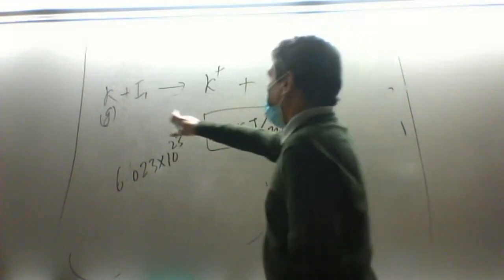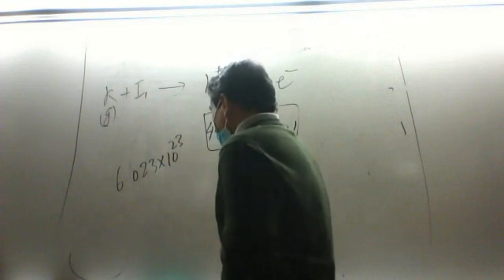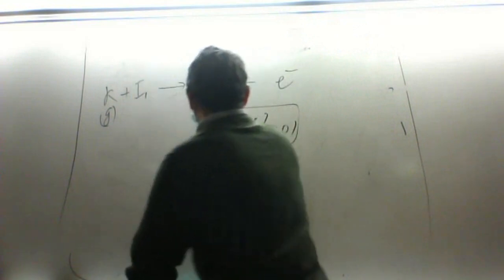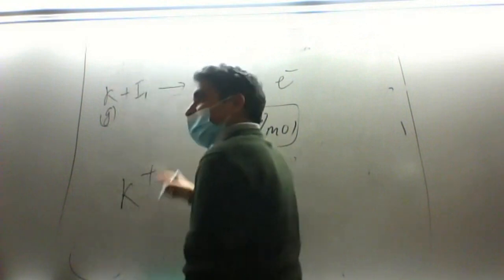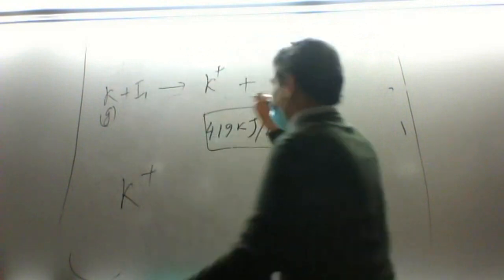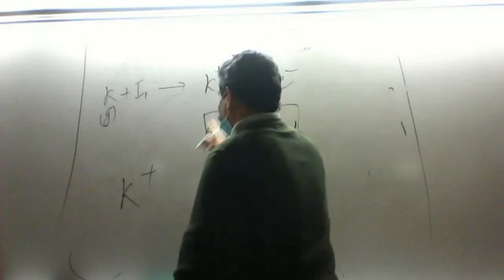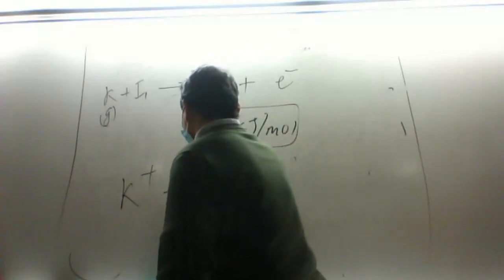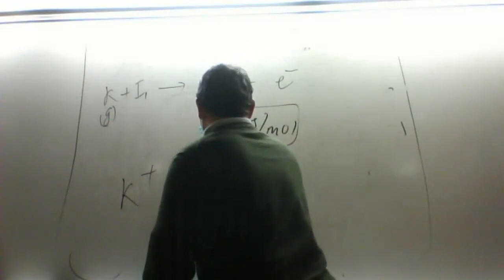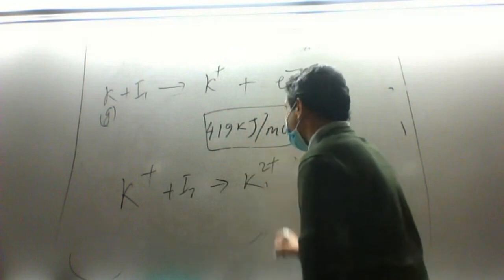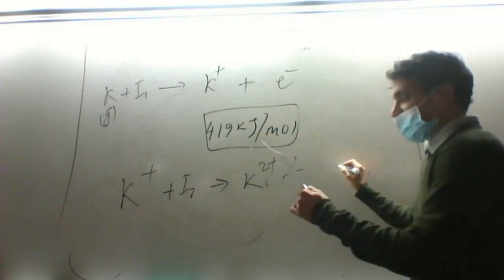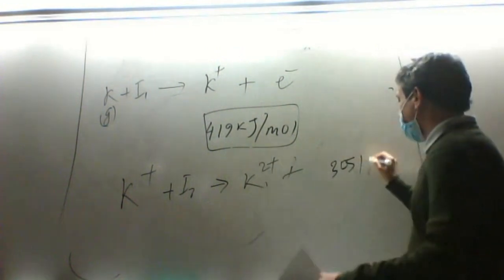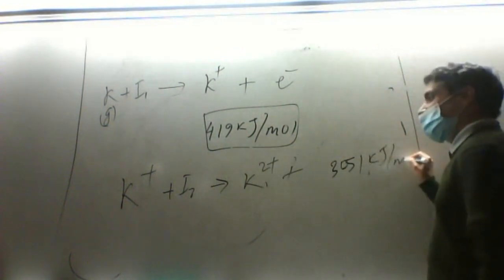Now, this is called the first ionization energy. But if you want to kick out another electron from this K plus, because the potassium has many electrons and you already kicked out one, and you want to make K2 plus, you need to give too much energy here, and that amount of energy is 3051 kilojoule per mole.